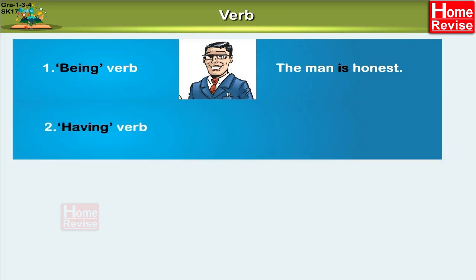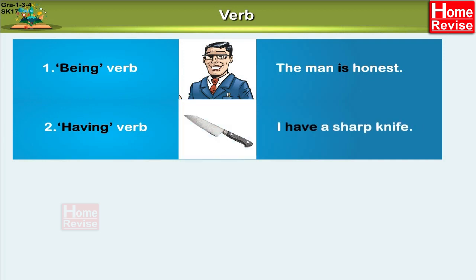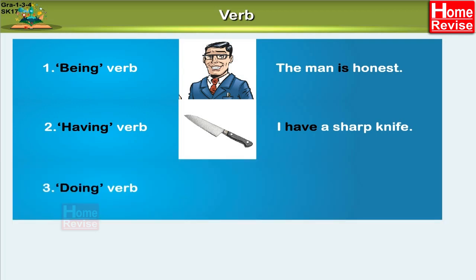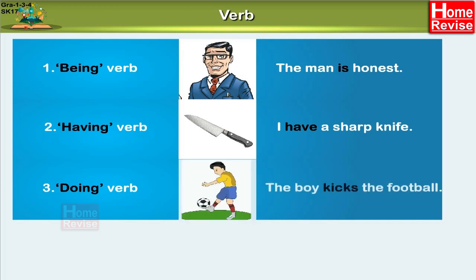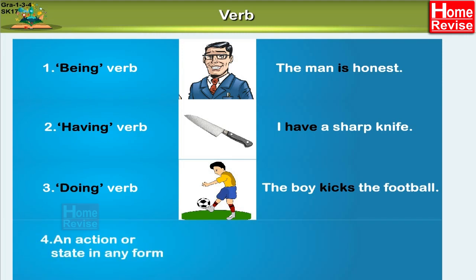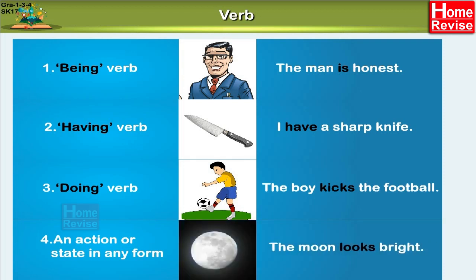Second, having verb. Example, I have a sharp knife. Third, doing verb. For example, the boy kicks the football. And fourth, an action or state in any form. For example, the moon looks bright.